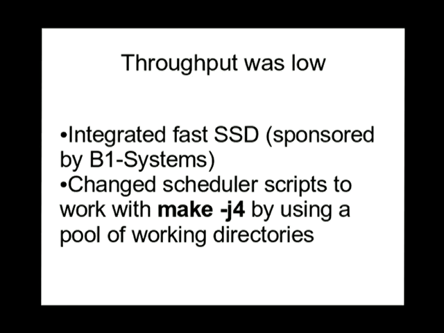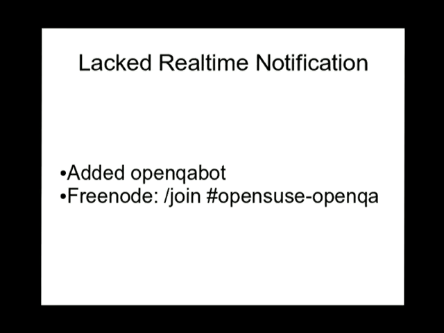You can just have a number of parallel working directories and do some magic to just do make -j4 to run four of them in parallel. But it needs some fast I/O, so we used one SSD in our server. We had an IRC bot to notify us about new results, but it was quite spammy, so we dropped it for now.